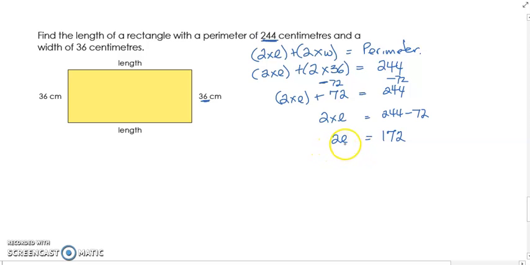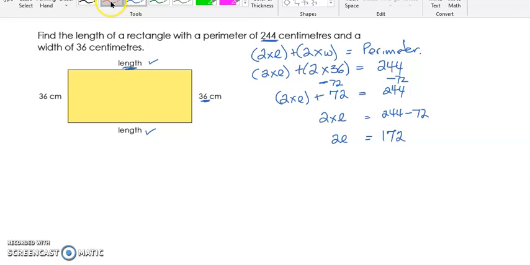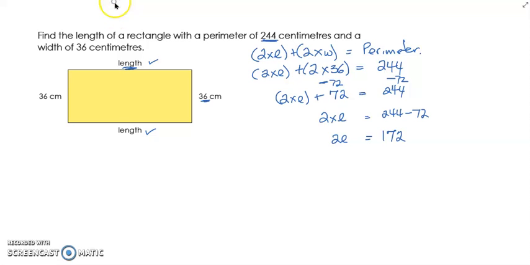Now let us think about it. 2L, we're talking about this and this. But the question is asking us for one length. It's just asking us for one, and 172 is really telling us about 2. So if we are to find how much just one of the length is, what will we have to do? We will have to divide by 2.